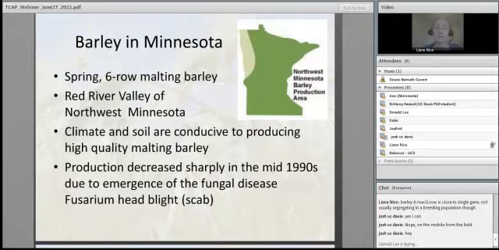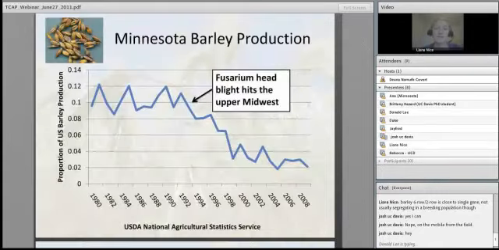But in the 1990s, there's been the emergence of fungal disease Fusarium head blight, also known as scab, and that has caused a really sharp decrease in the production in Minnesota. So here you can see in the upper left corner some kernels that are afflicted with scab.